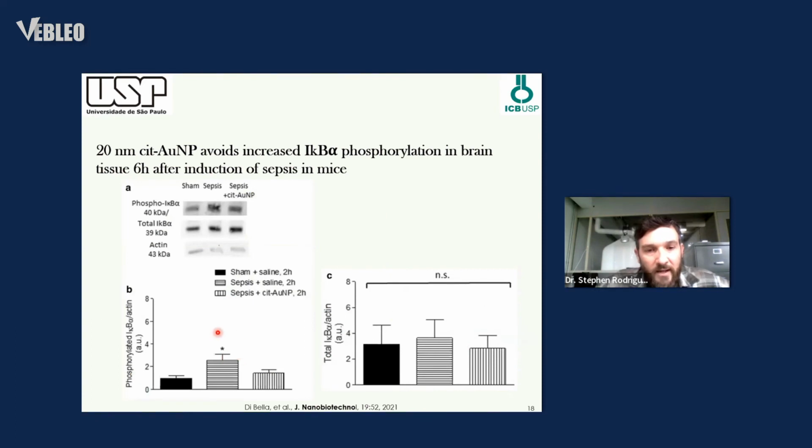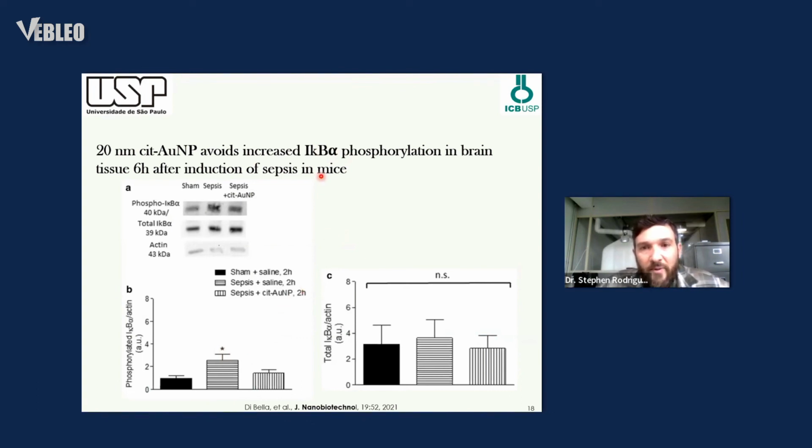Besides, we observed increased expression of phosphorylated I-kappa-B in cerebral tissue that was not observed in mice previously treated with citrate gold nanoparticles. I-kappa-B phosphorylation is a marker of NF-kappa-B activation, and NF-kappa-B is a transcription factor for inflammatory factors.